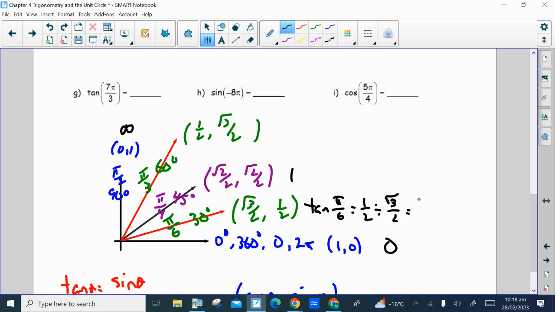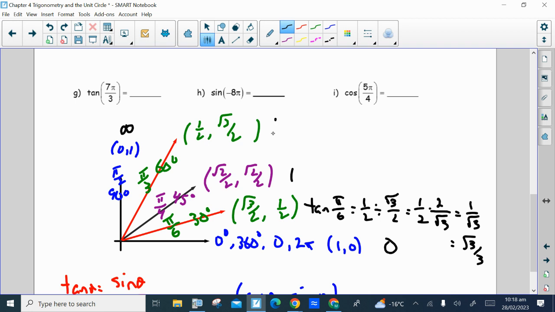To divide by a fraction, we multiply by the reciprocal. The 2's cancel, and you're left with 1 over root 3, which if we rationalize that will be root 3 over 3. So there's a value for the tangent of pi on 6 radians.